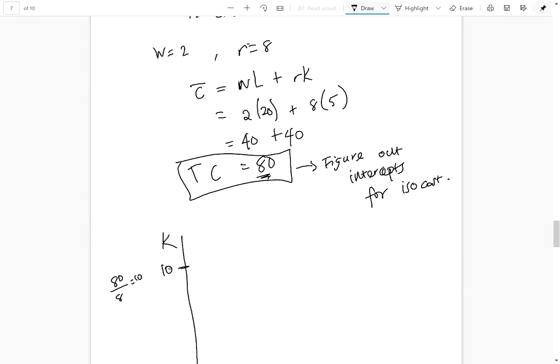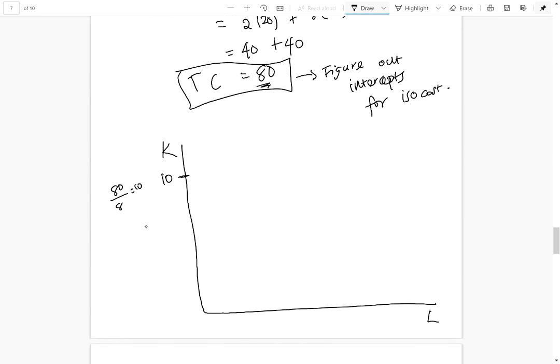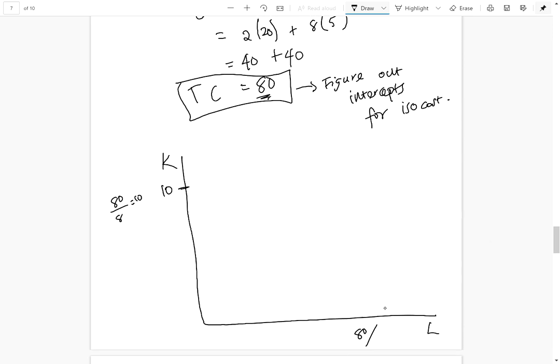So the max we can get of K is 10 if we decide to spend all of our costs on K. And then we can do this again for L, where we have 80 divided by what does that cost? $2. That is 40. So we have 40 there. And we can connect these two to get our iso-cost line.